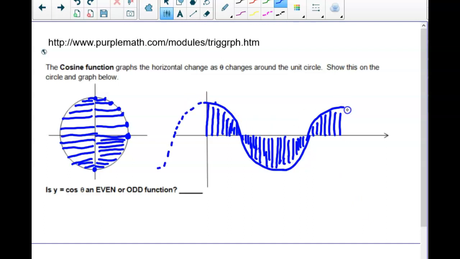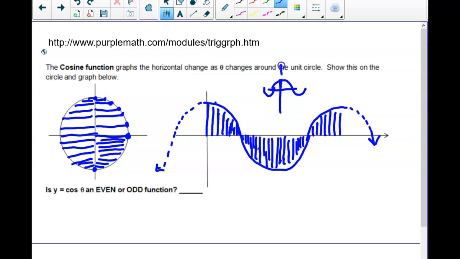Now, if I were to continue this pattern, can you tell if it would be even or odd? If I graph just a little bit of it again here, can you tell what that is?